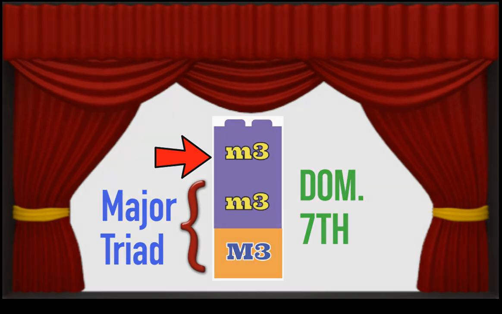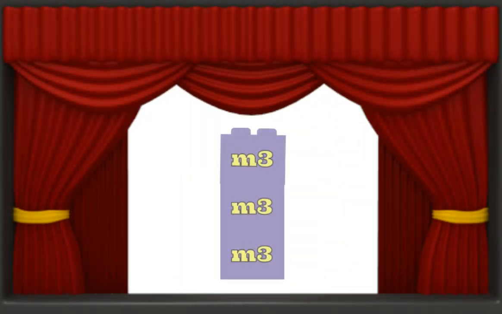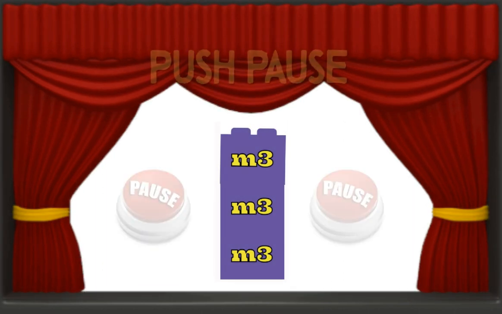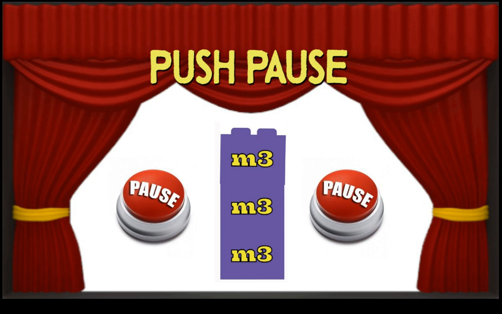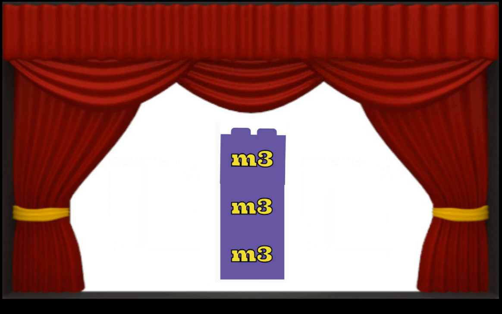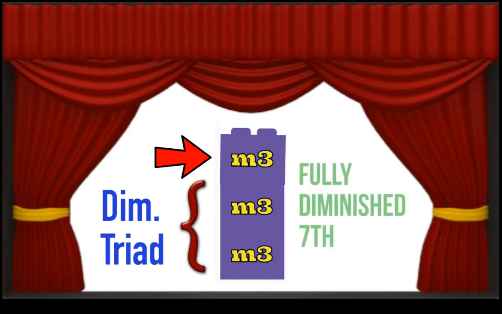Let's try one more. I hope you identified the diminished triad here with another minor third on top. All minor thirds makes this a fully diminished seventh chord.